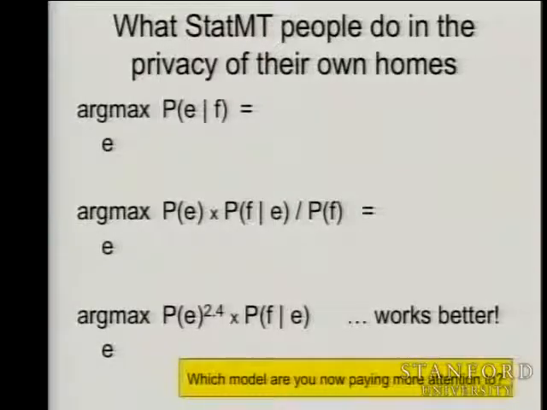So if I raise the language model to the 2.4th power, does that mean I'm paying more or less attention to the language model in my machine translation? Am I paying more attention to it or less attention to it in terms of what dominates the score?